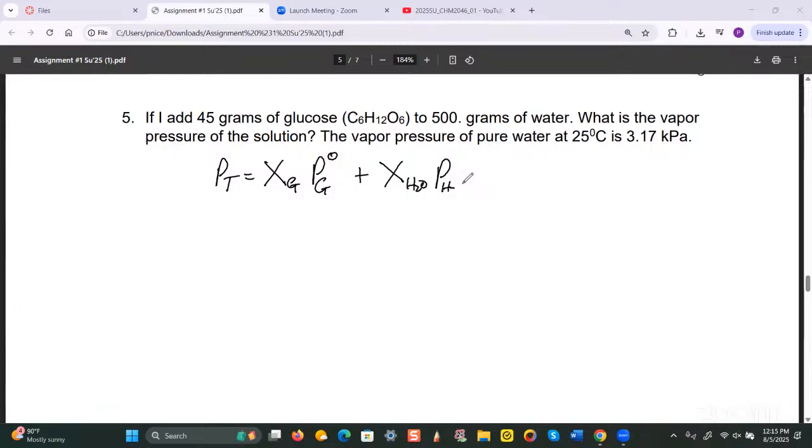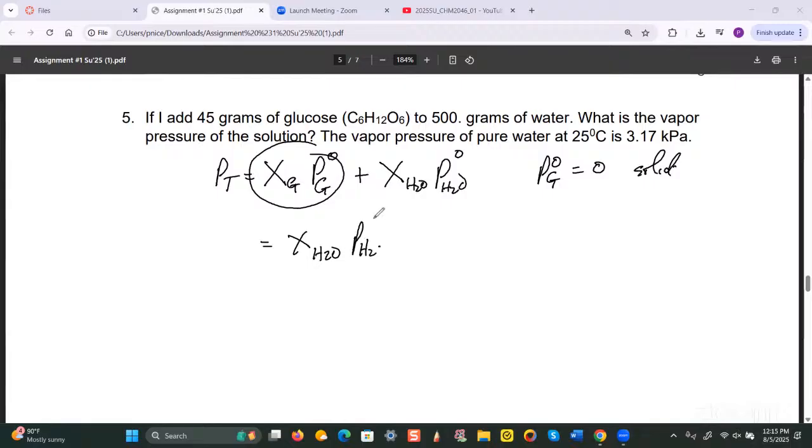And the point that I made, which I think is what you're referring to, is the fact that the vapor pressure of pure glucose is zero because it's a solid, right? So that simplifies things. That means that all of this here would be equal to zero. So this simplifies to the mole fraction of water times the vapor pressure of pure water, which would be equal to the total vapor pressure of the mixture.